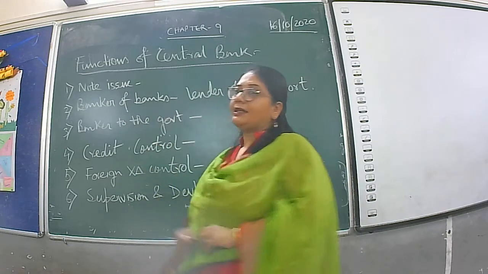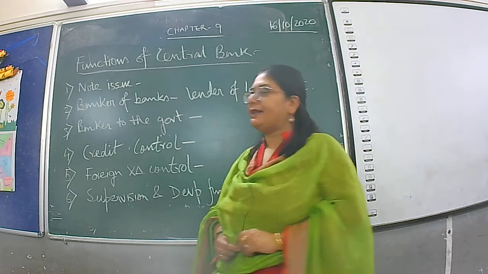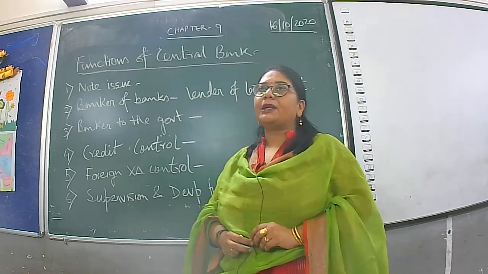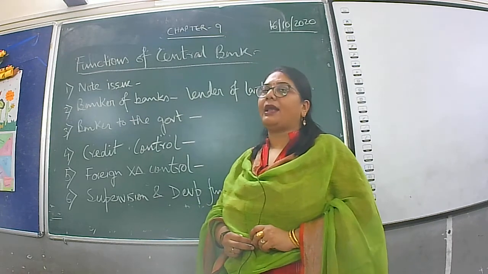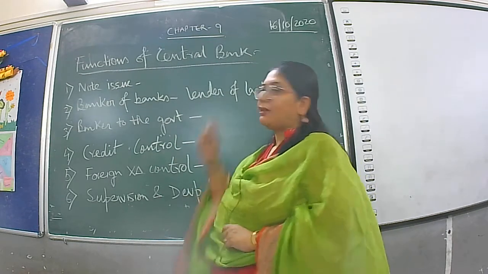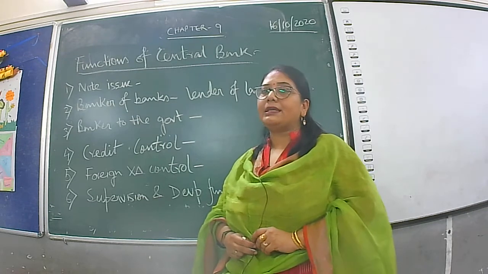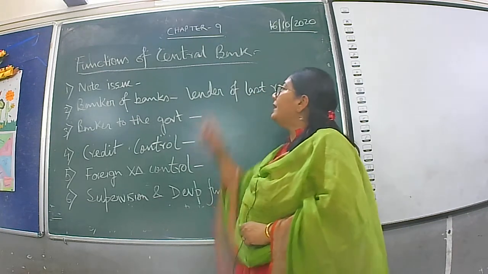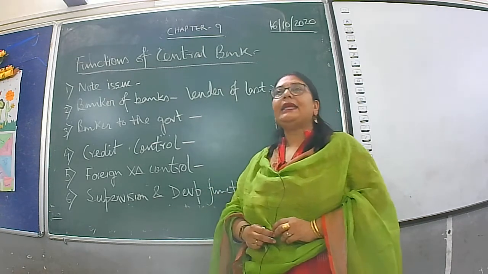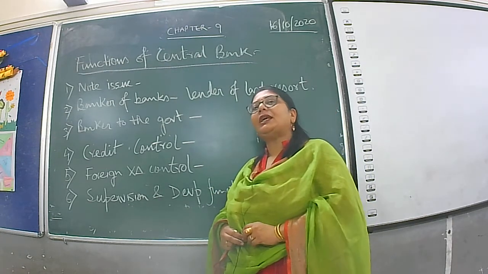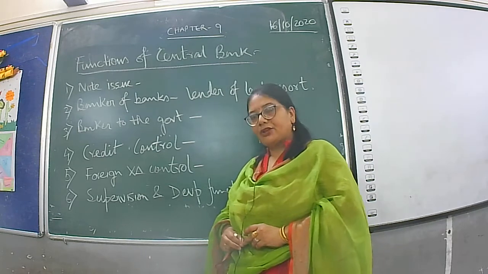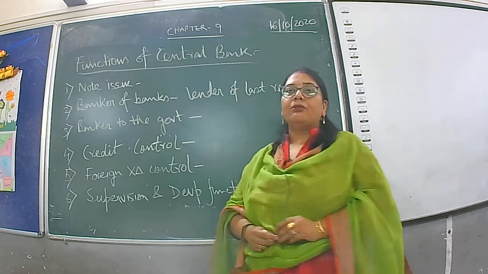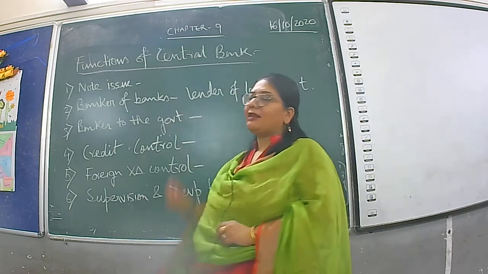The second function of the central bank is that a central bank is a banker of banks. All the commercial banks have to keep an account with the central bank. I repeat, all the commercial banks have to maintain an account with the central bank, and in case of any financial difficulty, any financial crisis, it is the central bank which helps the commercial banks.